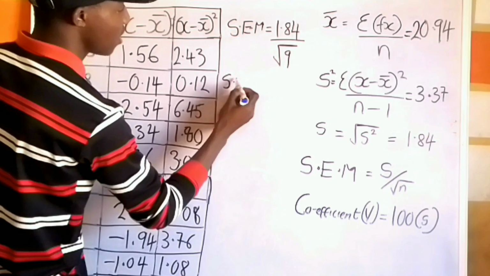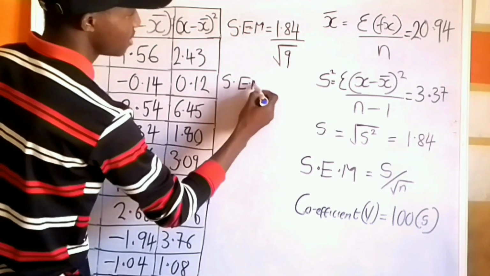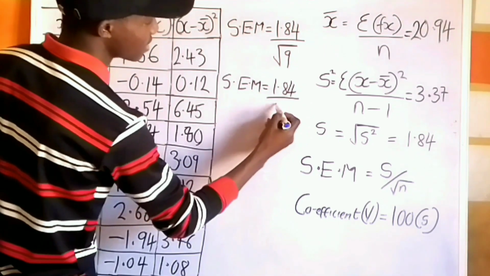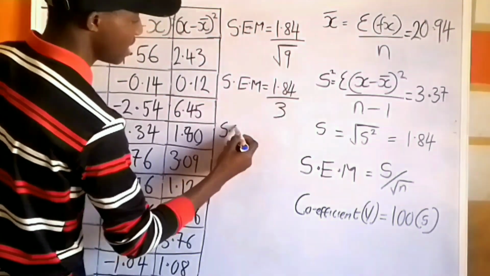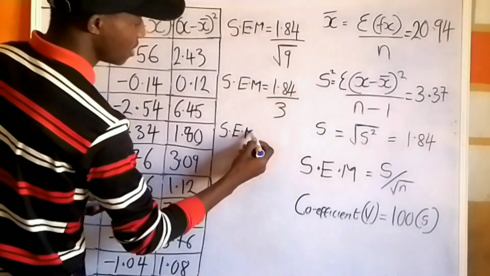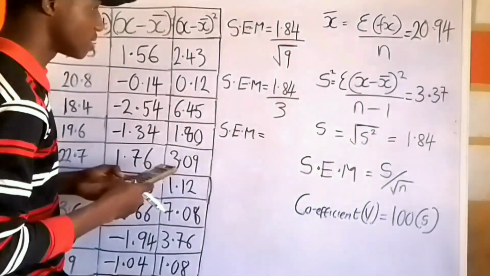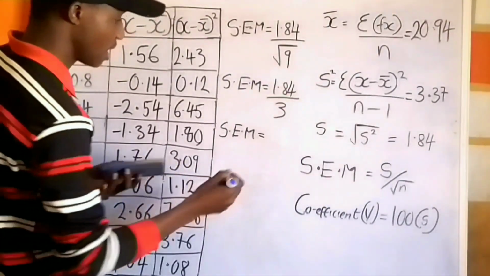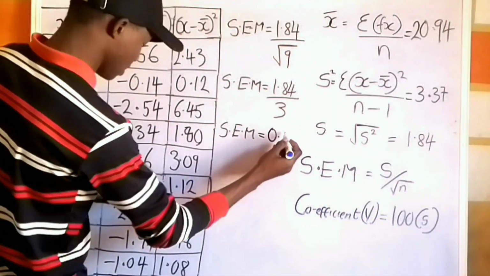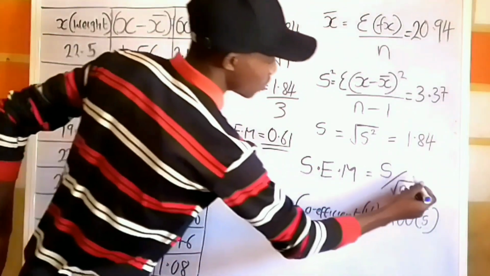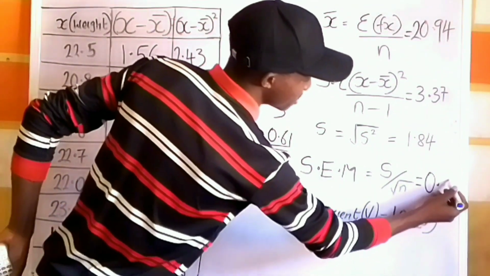So the standard error of mean, SEM, is equal to 1.84 all over 3, which is 0.61. So the standard error of mean is equal to 0.61.